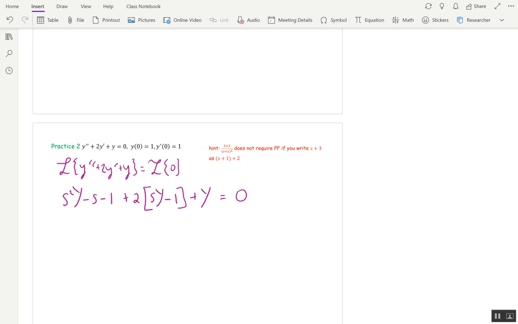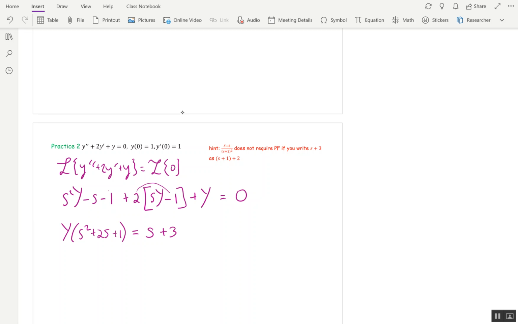All right, now combine terms on the left that have a big Y in them. That'll give us s squared plus 2s plus 1. And then we'll take everything that doesn't have a big Y in it and move it to the other side. So we're going to have a positive s, and then we've got a minus 2, and a minus 1 is a minus 3. So s plus 3.